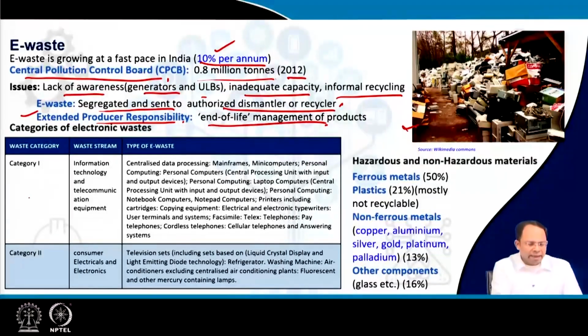Now, there are two categories of waste, category 1 and category 2. Category 1 is IT and telecommunication equipment waste, whereas category 2 is consumer electronics and electricals utilized in houses.